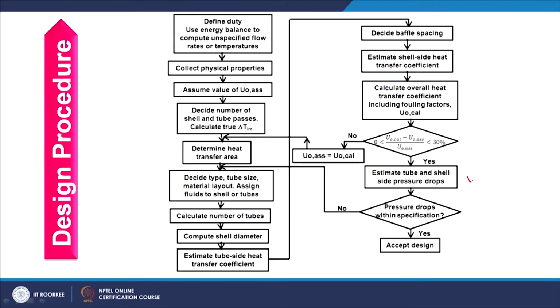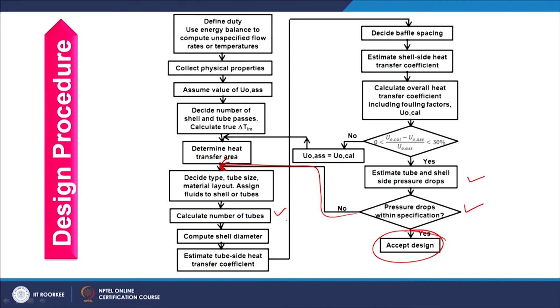Now, once I am having this estimation of tube side and shell side pressure drop, I can compare that pressure drop within the permissible limit, and if it is falling within the permissible limit, we can accept the design, otherwise we have to change the parameters, and then we start the calculation from this step, where we will relocate the fluid and calculate number of tubes in this way.